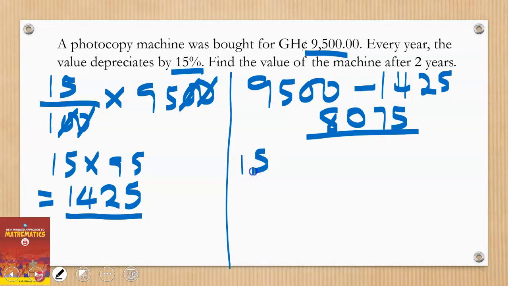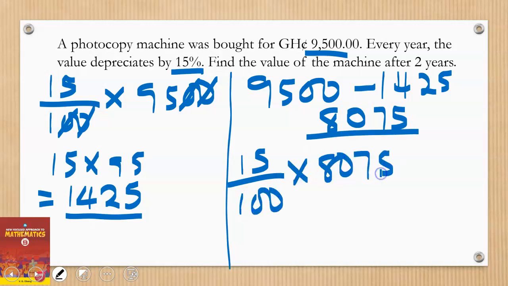Now, what will happen after using it for 2 years? I'm going to do 15% of this amount, 8,075. Again, when I do my simple calculation here, I'll get 1,211.25. Take your time and do this simple calculation yourself.